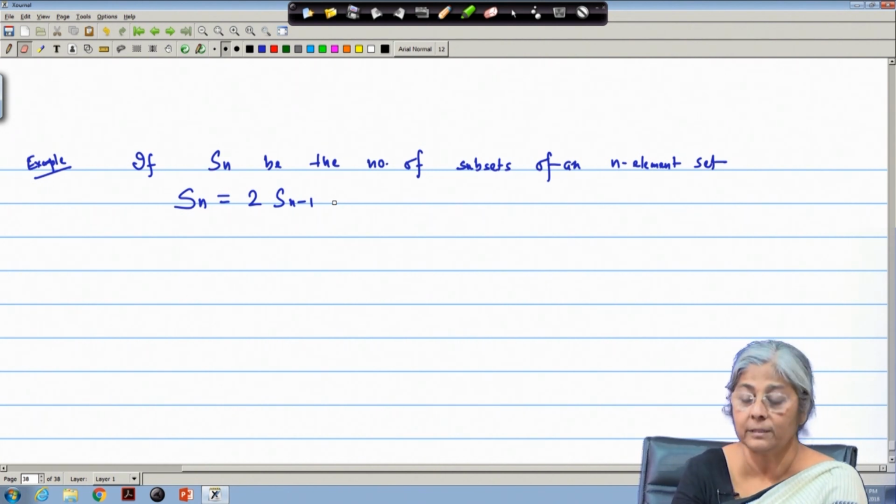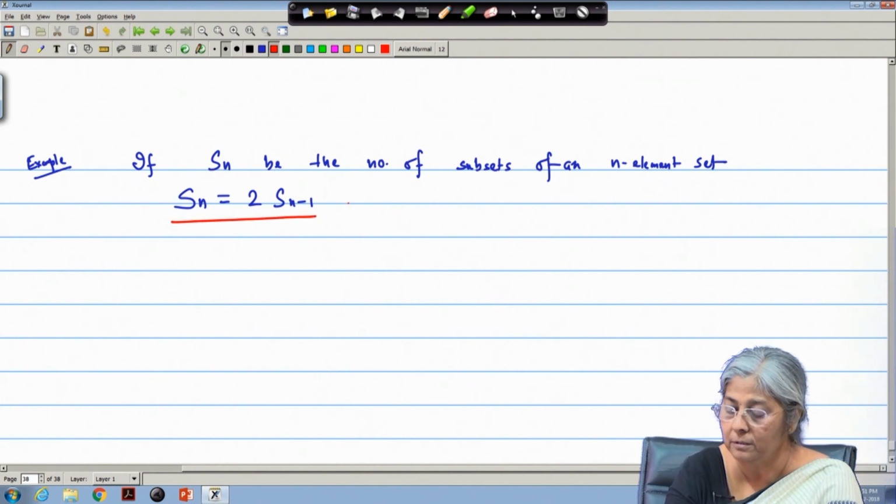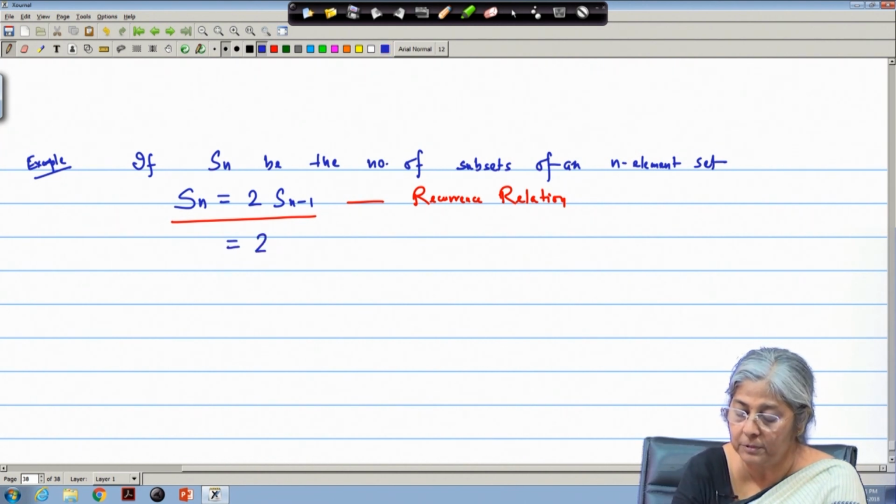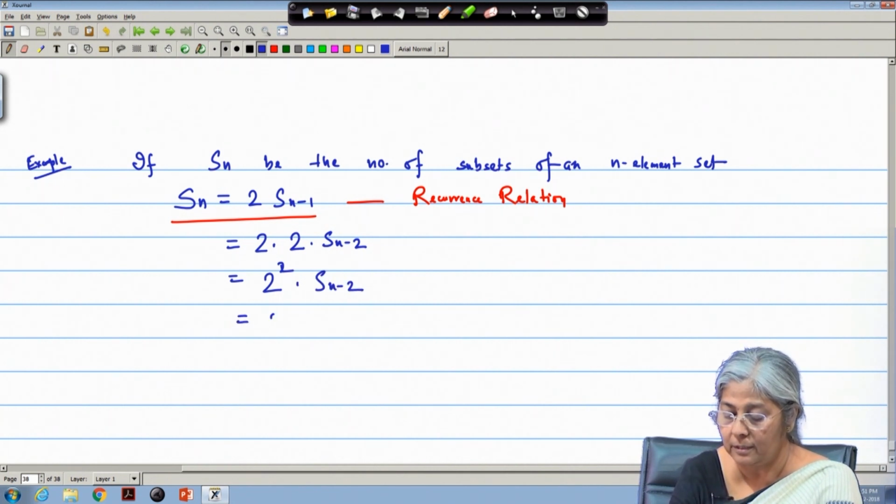Now, if I apply iteration, this becomes 2 S_{n-2} into 2, which is 2 square S_{n-2}. Again I can apply, 2 square into 2 S_{n-3}, so this becomes 2 cube S_{n-3}.